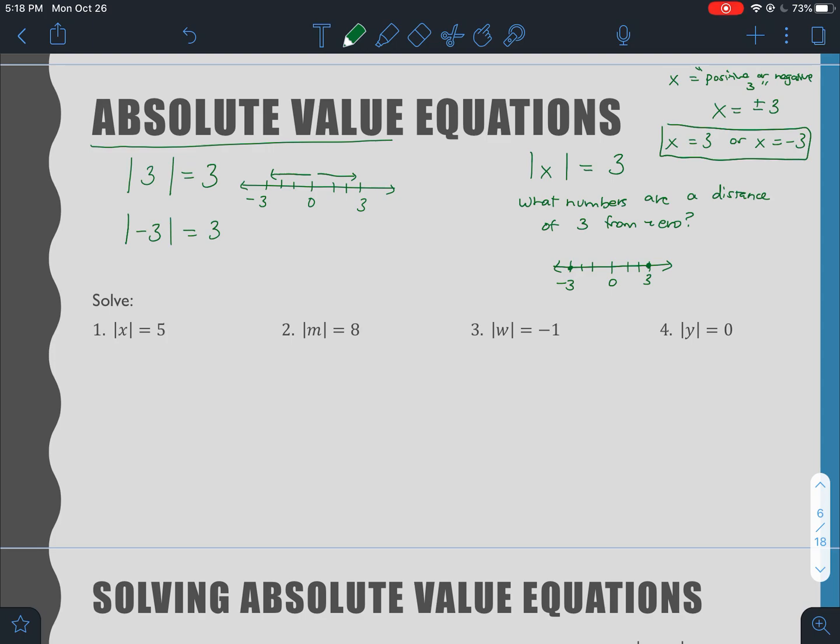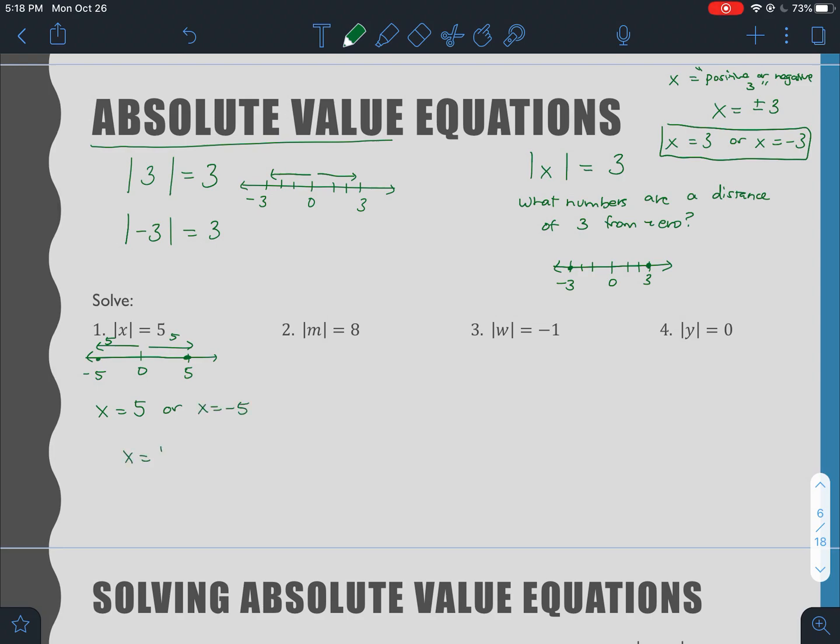On that first one, number 1, it's saying that the absolute value of x is equal to 5. So it's saying, on a number line, what numbers are 5 away from 0? Well, if I move 5 out in both directions, then I would be at +5 and I'd be at -5. So the two solutions are x equals +5 or x equals -5.